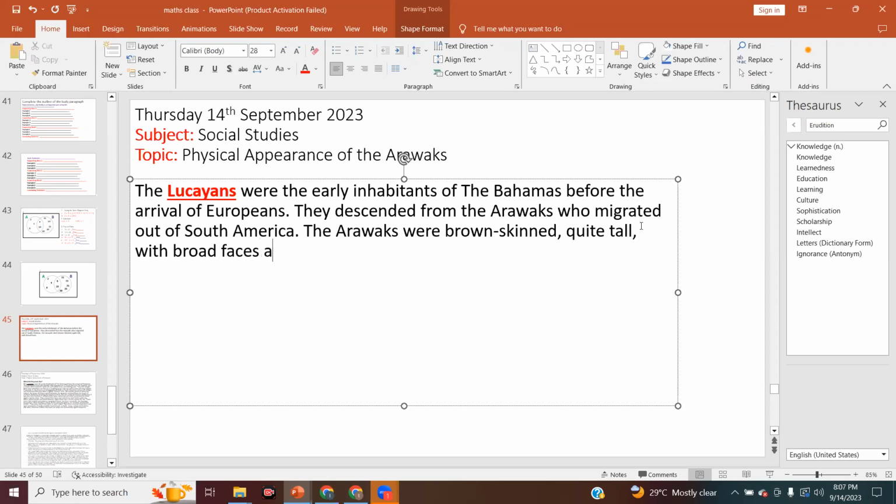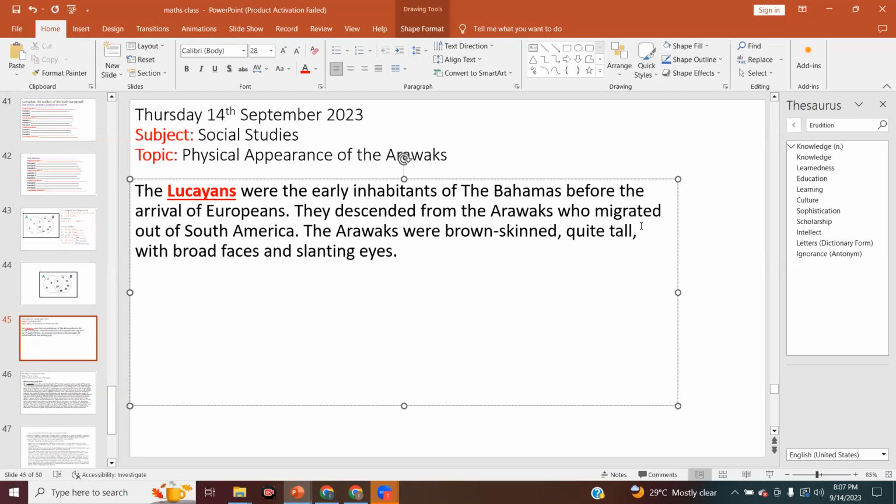And how do you describe their eyes? They had slanting eyes. So they were brown skin, tall, they had broad faces, and they had slanting eyes.